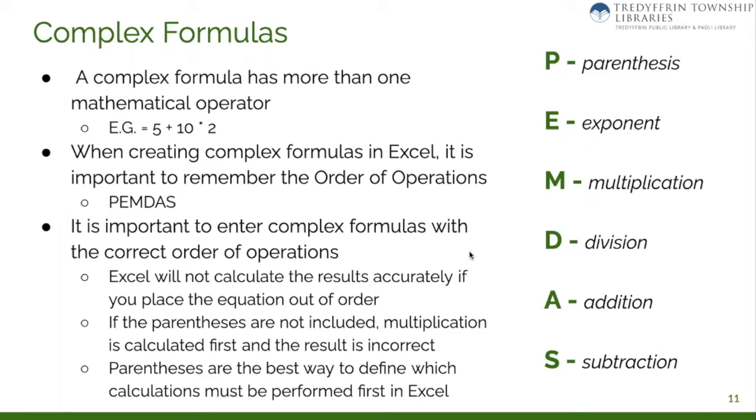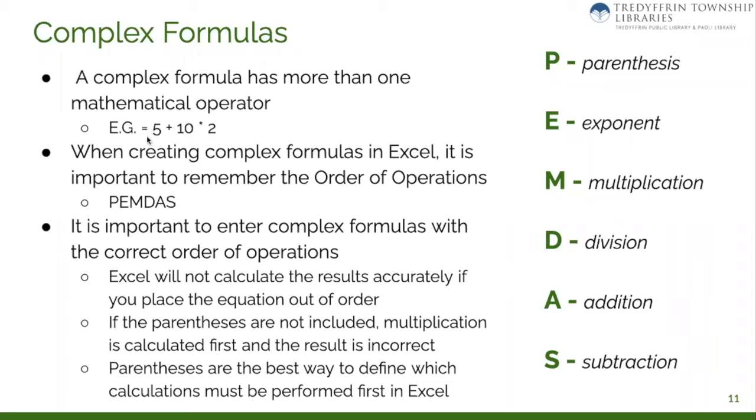It is important to enter complex formulas with the correct order of operations. Excel will not calculate the results accurately if you place the equation out of order. If the parentheses are not included, multiplication is calculated first and the result is incorrect. So say in this formula, we wanted 5 plus 10 to be the first operation.